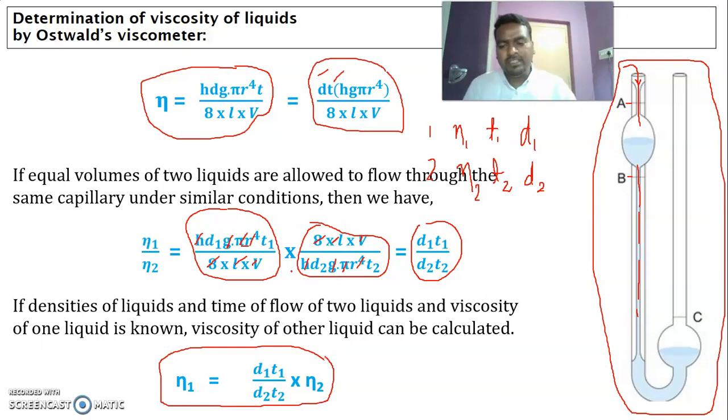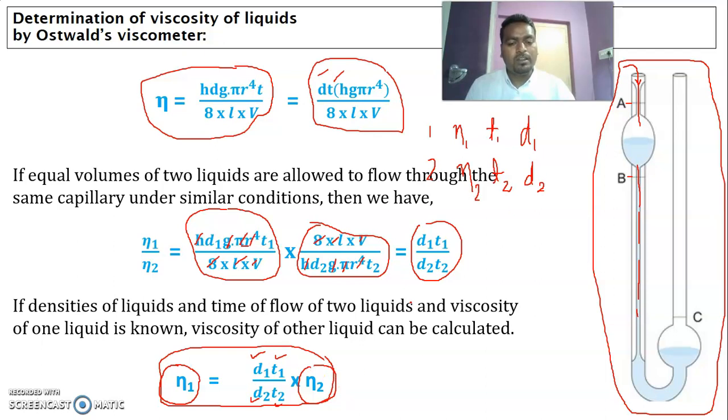This is the final expression which is used in the experiment to calculate the viscosity coefficient of a liquid. Here eta 1 is the viscosity coefficient of the unknown liquid, D1 is its density, and T1 is the time taken by the liquid to flow between the reference points. D2 is the density of liquid 2, T2 is its time, and eta 2 is the viscosity coefficient of the other liquid.